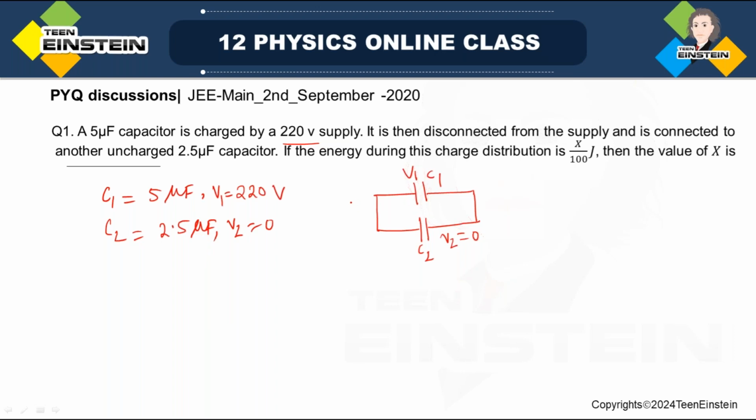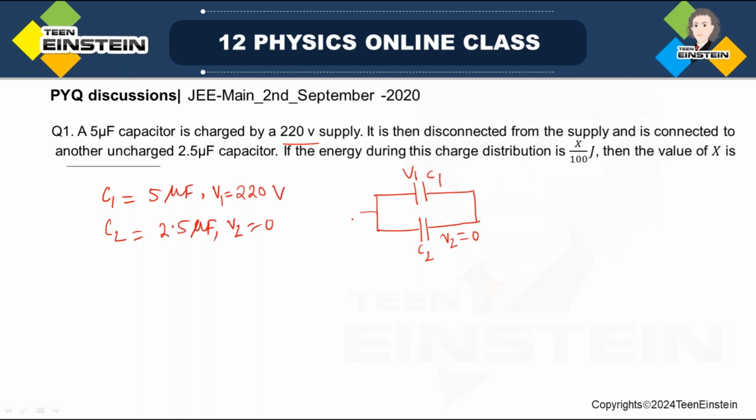Now once you connect these two, what will happen? The total charge that was there in the C1 capacitor will be distributed to C1 and C2 both, such that they can come to a common potential.